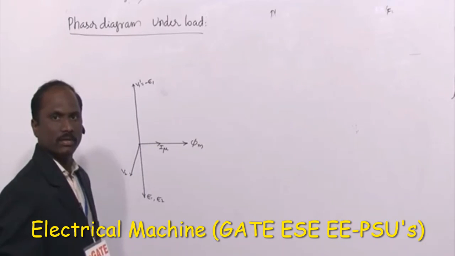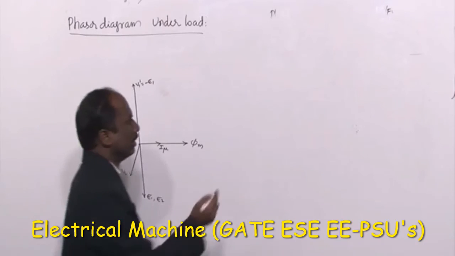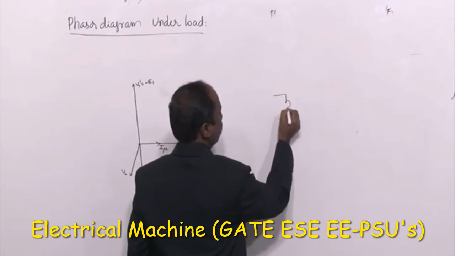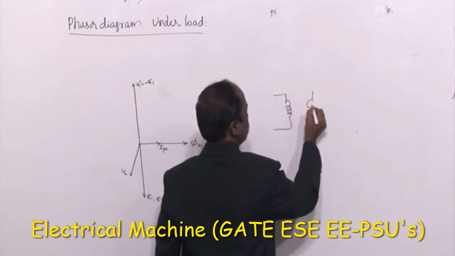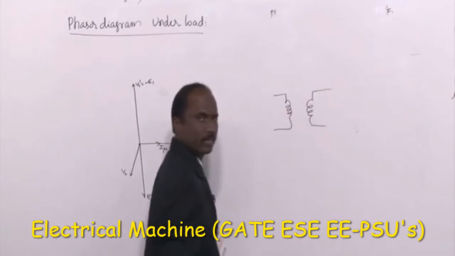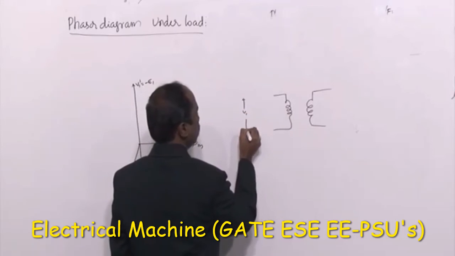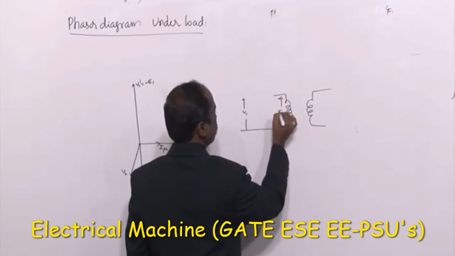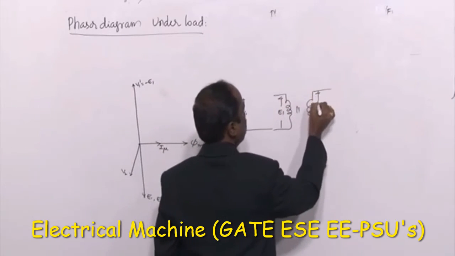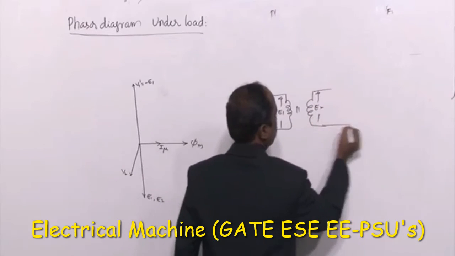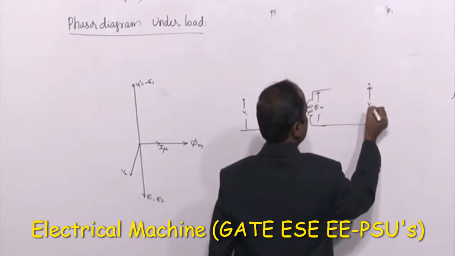Actually in the transformer, this is the primary winding and this is the secondary winding. In the primary winding, the supply voltage is V1, here the induced EMF is E1, here the induced EMF is E2, and here the output voltage is V2.